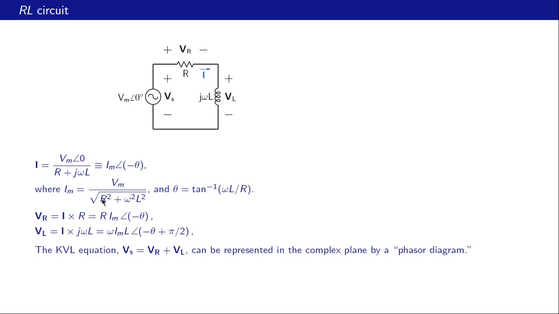What about VL? VL is I times the impedance of the inductor, which is j omega L. Now this j is nothing but angle pi by 2, and I is Im angle minus theta. So therefore this quantity is omega Im times L angle minus theta plus pi by 2.